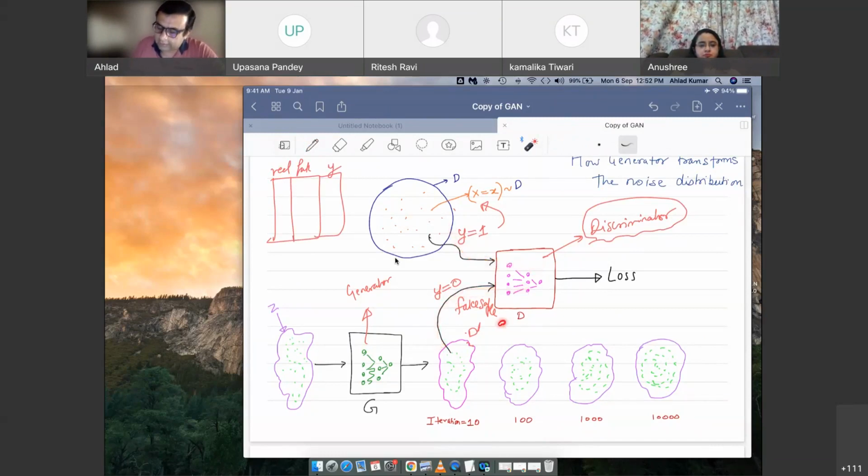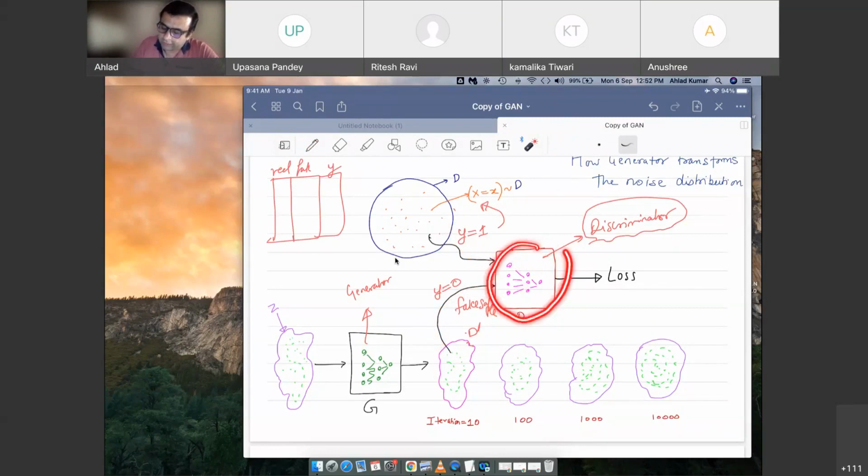So if this discriminator is able to distinguish between the two, that is, if it is able to distinguish that this sample from this distribution is real and this sample from this distribution is coming as fake, then that means your D is not equal to D hat, because your model is able to judge that the sample coming from the real data set is different from the sample that is coming from D dash.